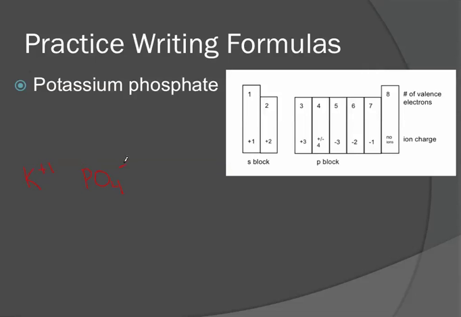So if we drop and swap, the 1 comes here and the 3 goes there. So we have K3, and we don't need to put parentheses around PO4 because we're saying there's 1 of them. We don't need those parentheses, so we just put PO4. K3PO4.